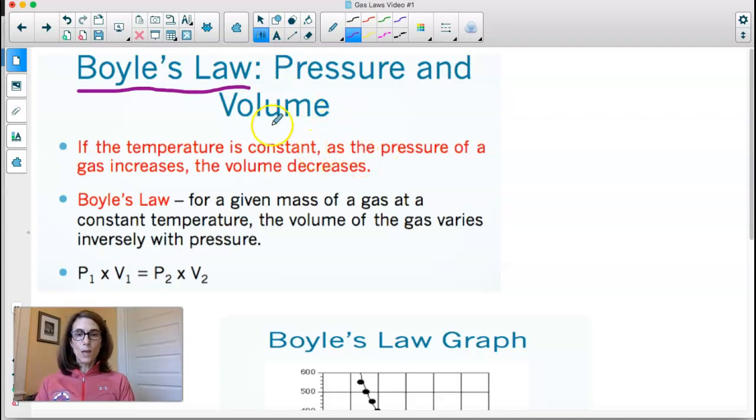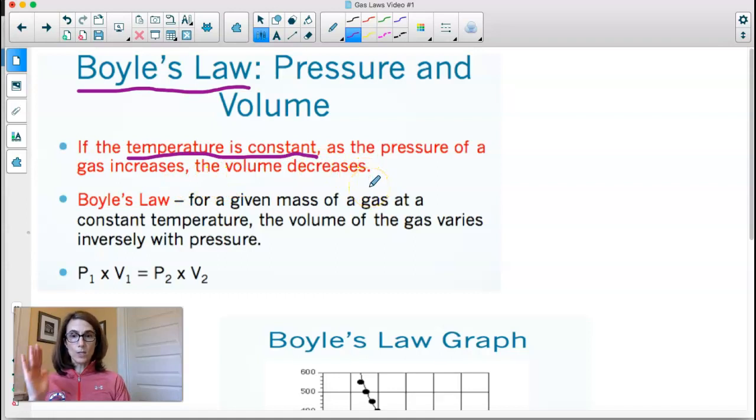volume. So in order to look at the relationship between pressure and volume, temperature has to remain constant. So you will hear that repeated in the problems when we're going to be using Boyle's law. So temperature remains constant. As the pressure of a gas increases, the volume decreases.